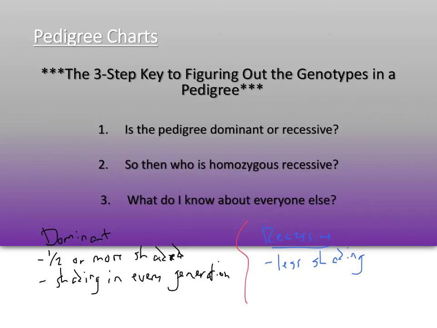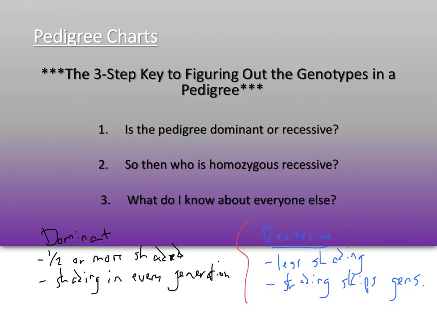Recessive is usually a little less common, so if you see a pedigree where very few people are shaded in, it's probably recessive. The second thing you can look for, which is just as valuable, is: does it skip generations? If shading skips generations, then that's a really good sign that it is a recessive pedigree. We'll walk through this on the next slide again.